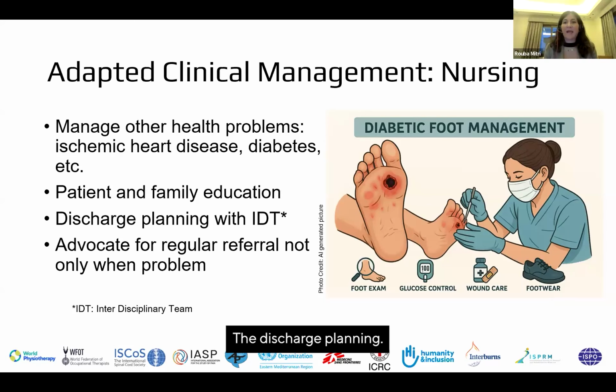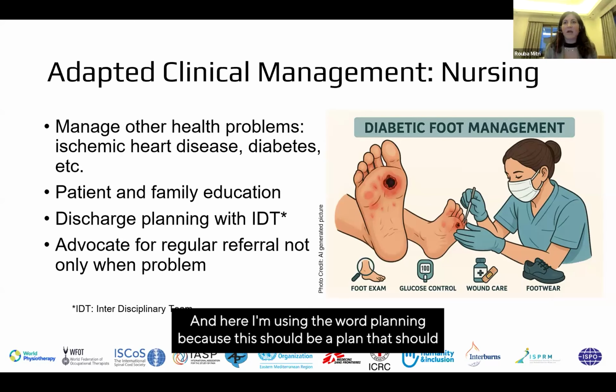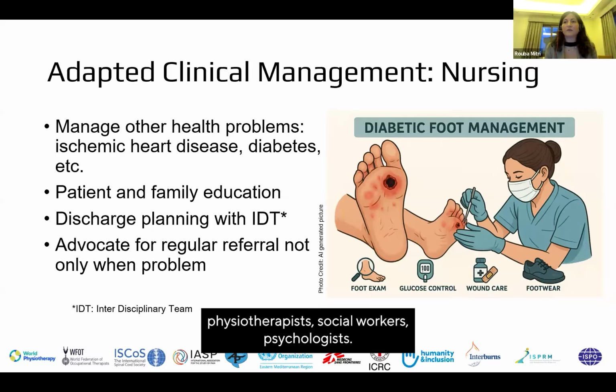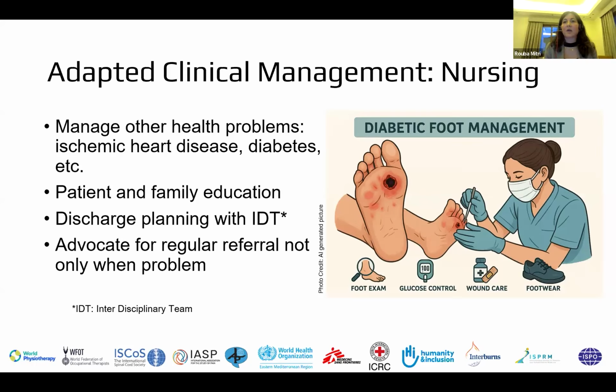The discharge planning, and here I'm using the word planning because this should be a plan done by the interdisciplinary team, meaning doctors, nurses, P&O, physiotherapists, social workers, psychologists. This should be an interdisciplinary discharge.